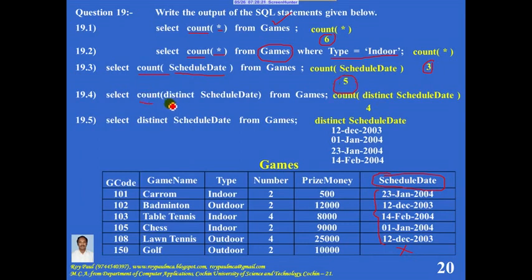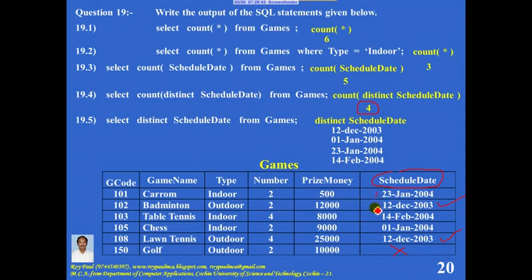Now count followed by distinct column name, meaning the missing entry in this column is not counted and the duplicate entries are counted only once. So the answer is 4 because one missing entry is there, one duplicate entry is there that is counted only once. Hence the answer is 4.